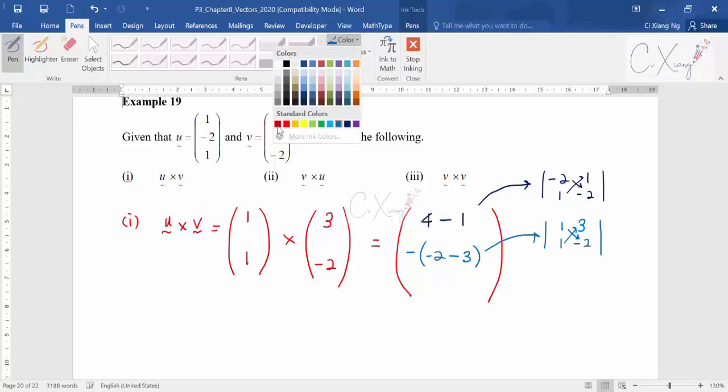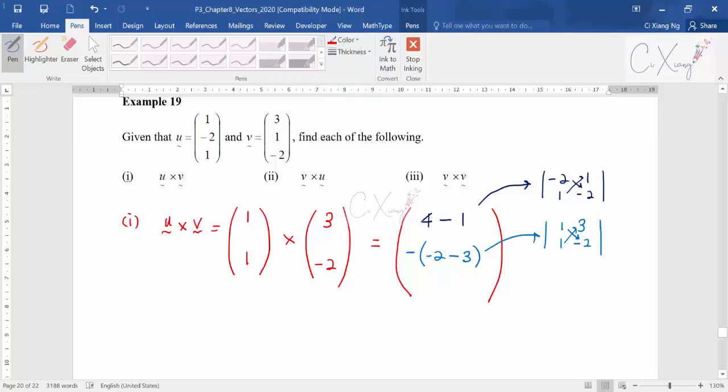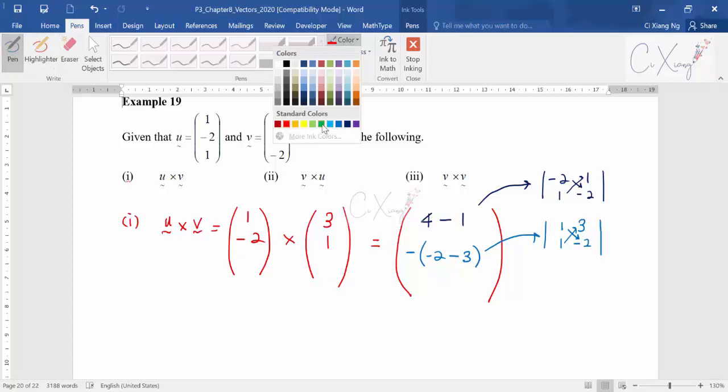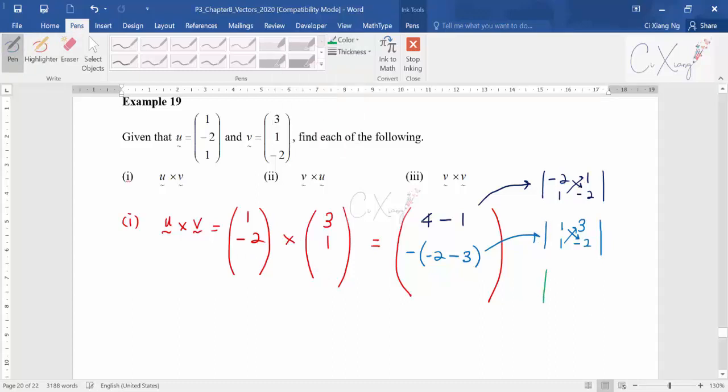And after that, for the third part, you cancel off the z component. So what you have now is 1, 3, -2, and 1.